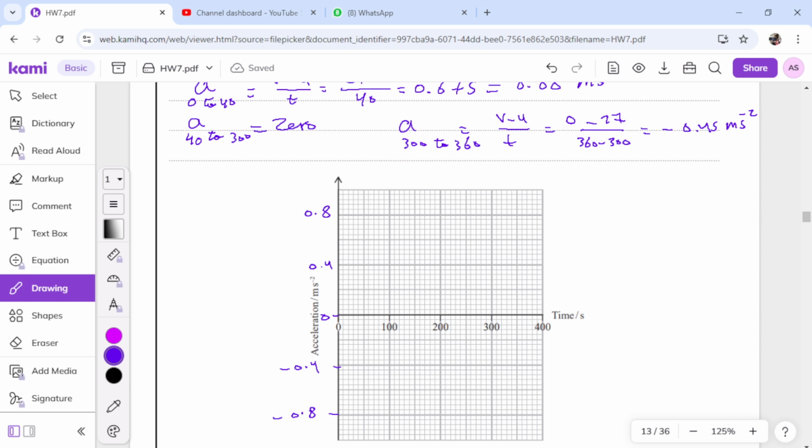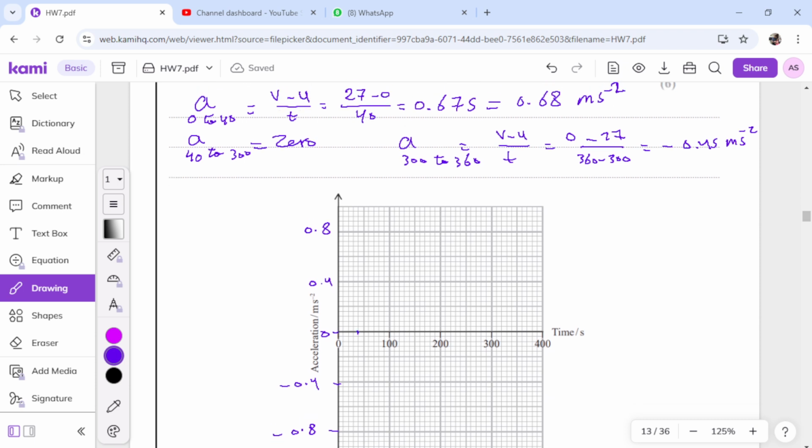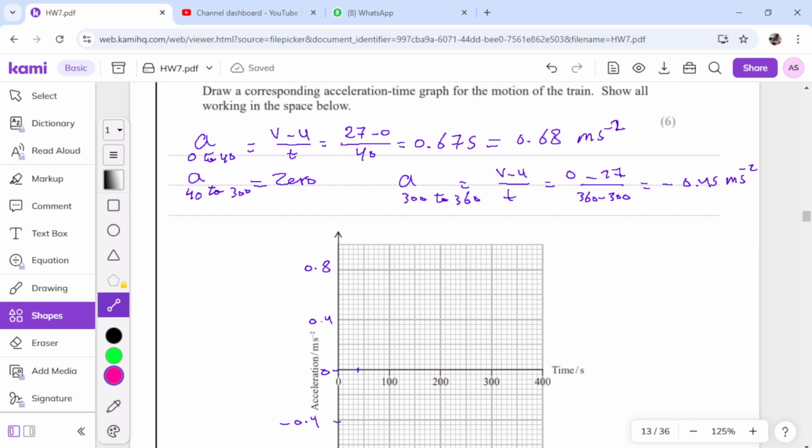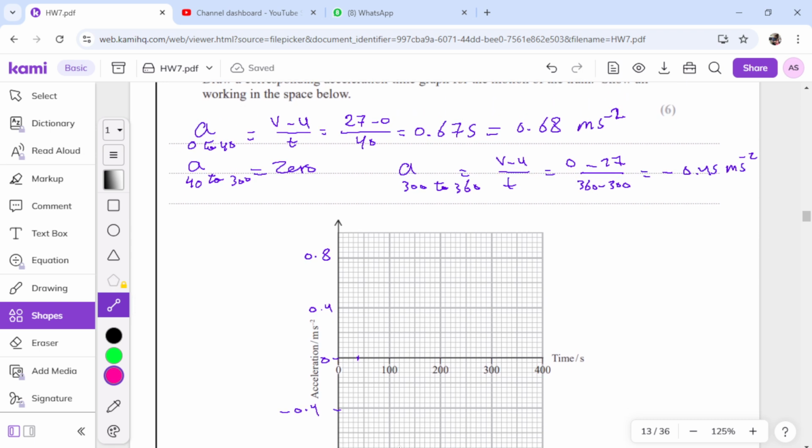Now we choose the first 40 seconds, which is 0.68.